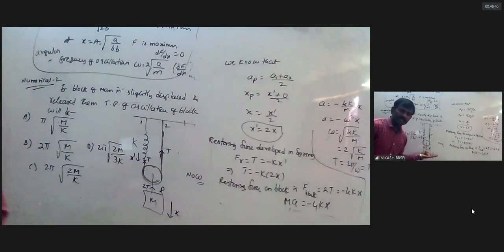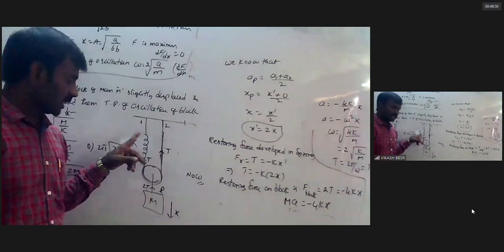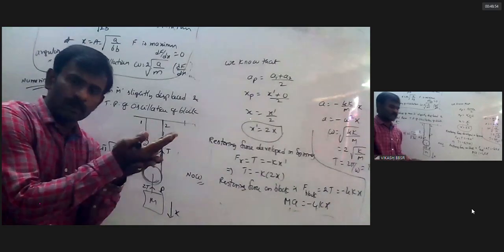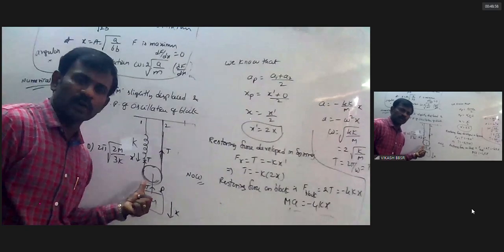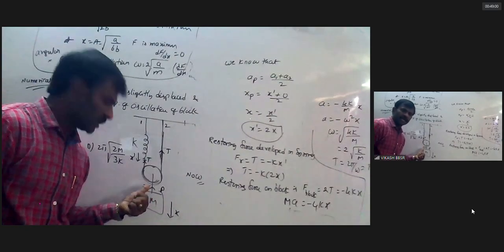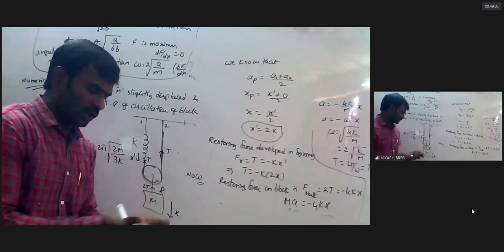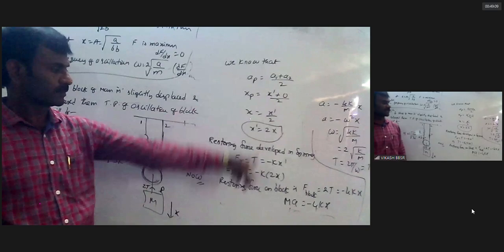Initially the block is in equilibrium because of the spring, and then we push it down and release it by a displacement x. When you come down, the restoring force 2T is greater than T, and only then it executes to and fro motion. This is the basic procedure.